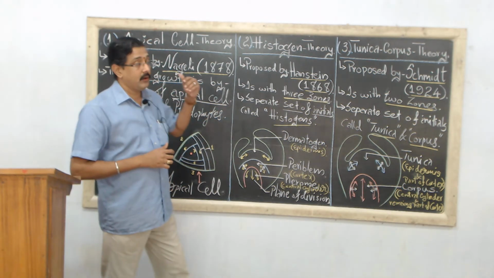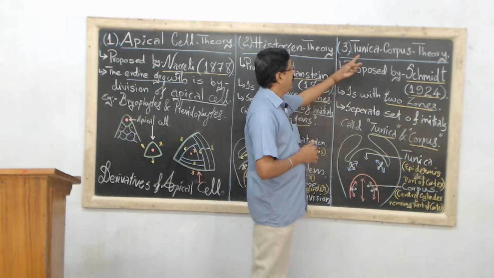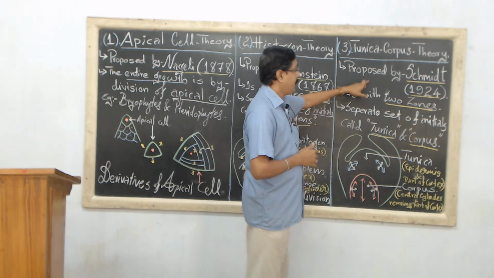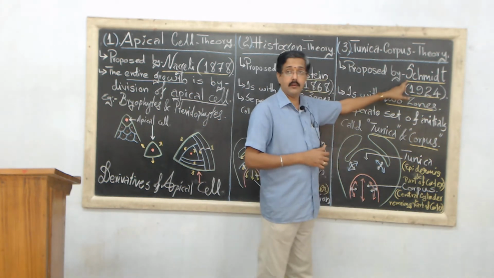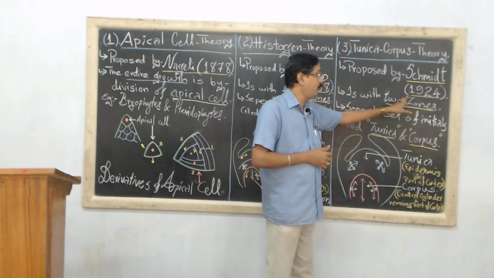Coming to the third theory, it is also widely accepted and is named the tunica corpus theory. It was proposed by Schmidt in 1924.